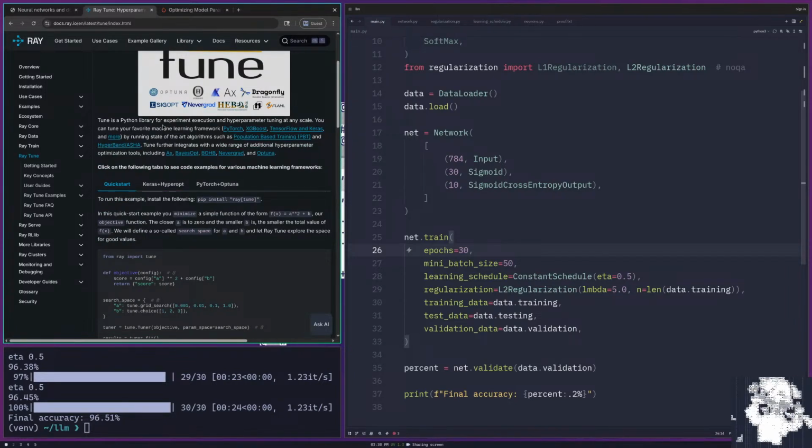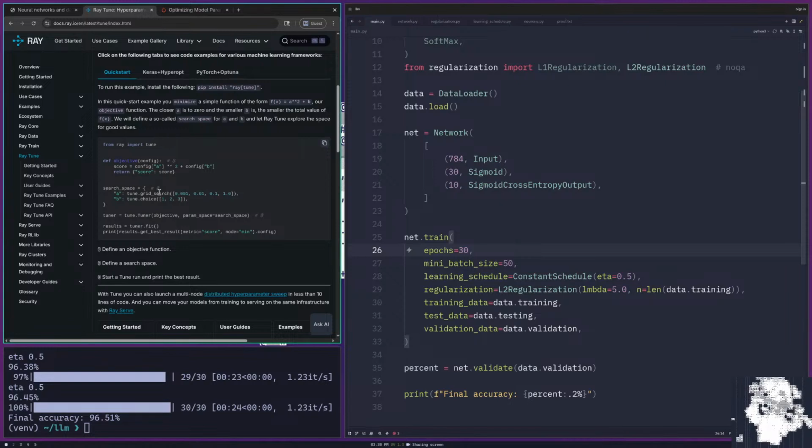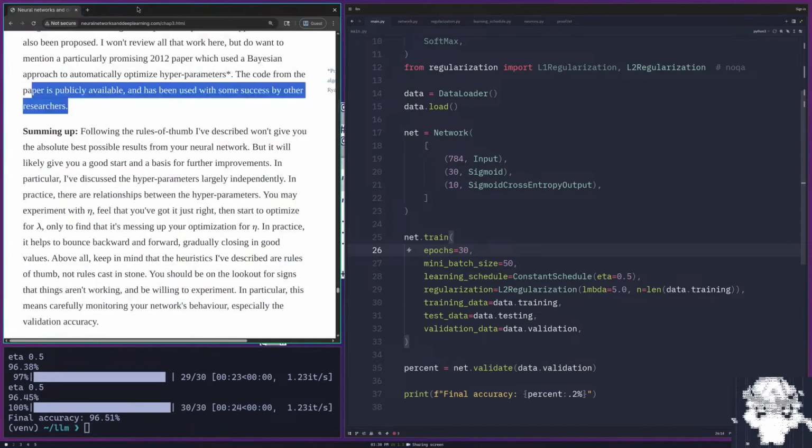And how does it do it? Grid search. Okay, interesting. Good to know.